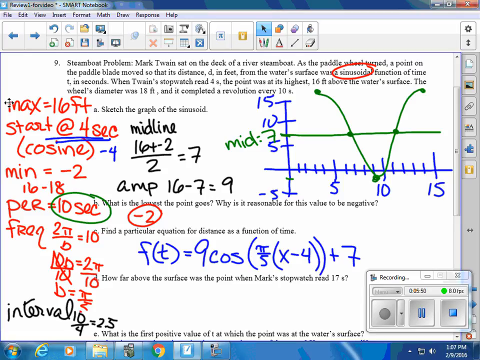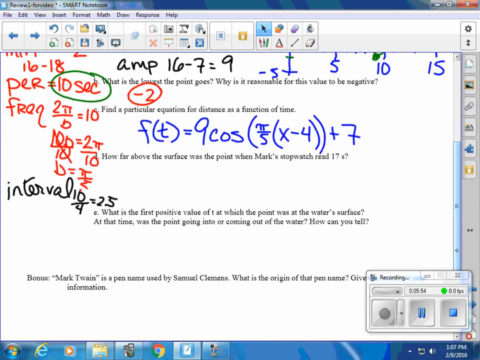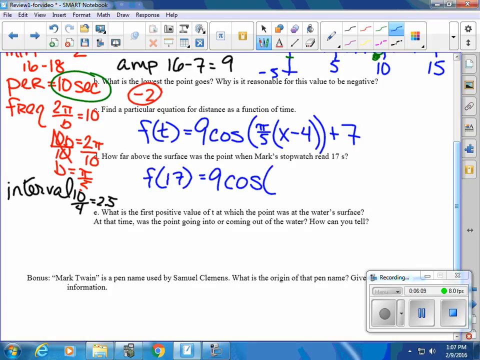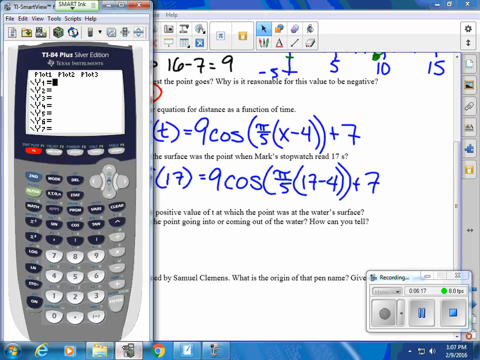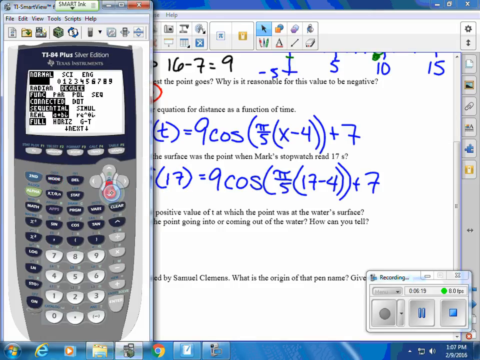The next step is for us to start plugging in. So how far above the surface was the point when Mark's watch read 17 seconds? And so we actually just want to take that equation and evaluate f of 17. 9 cosine parentheses pi over 5, another parentheses, 17 minus 4, close both, plus 7. Go to your calculator, it's a trig graph, so remember, please, you are always in radian mode.